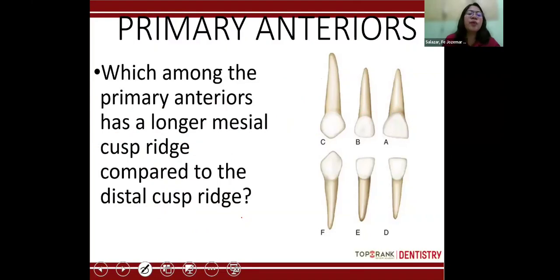Okay, next. Which among the primary anteriors has a longer mesial cusp bridge compared to the distal cusp bridge?